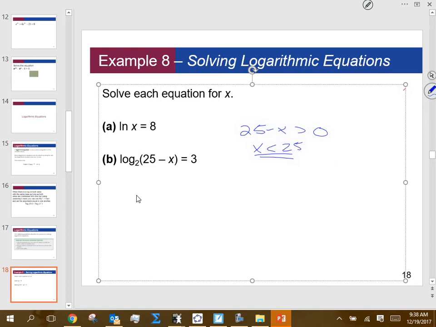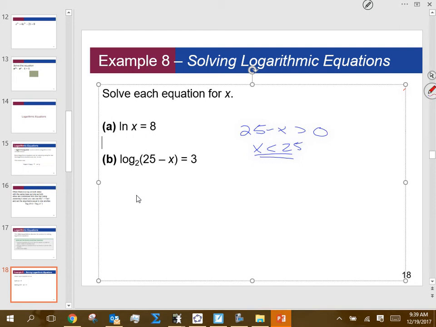So if I find an answer like 36, that tells me that 36 is an extraneous solution. It doesn't really work. Does that make sense? Okay? It's nice. You can't always do that easily, but when your argument is linear, or maybe even quadratic, it's nice to know what your answer should look like prior to doing the problem.